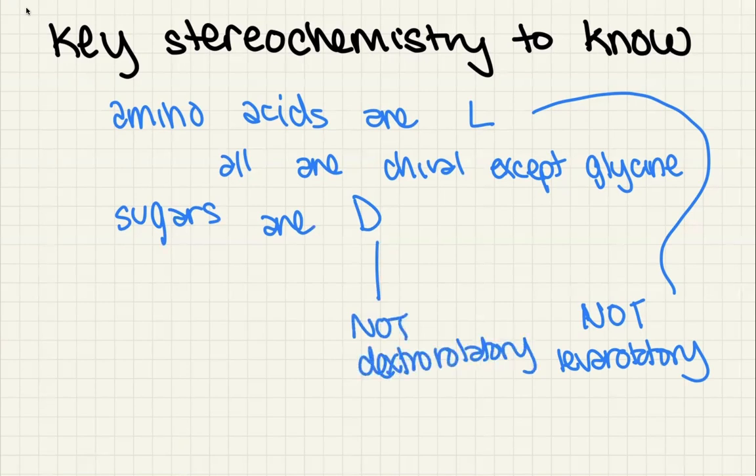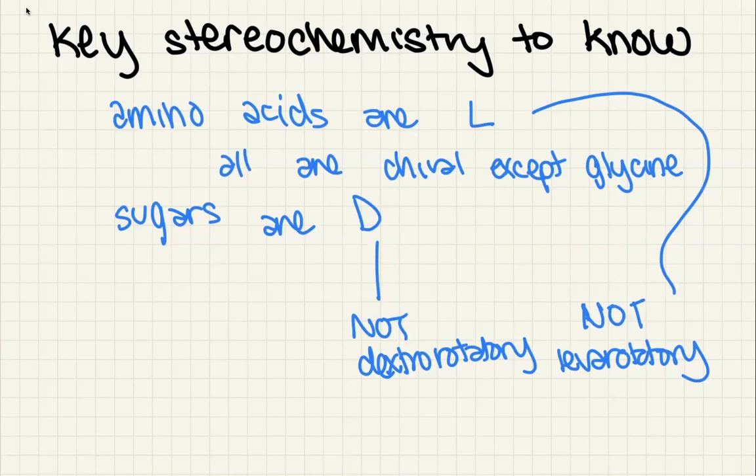Basically for the amino acids, it's just based off of similarity to glyceraldehyde. So they figured out that L-glyceraldehyde was levorotatory. And then they just used, if things were organized in a similar way to glyceraldehyde, then they were called L. And so the L forms of amino acids are the ones that we normally use.